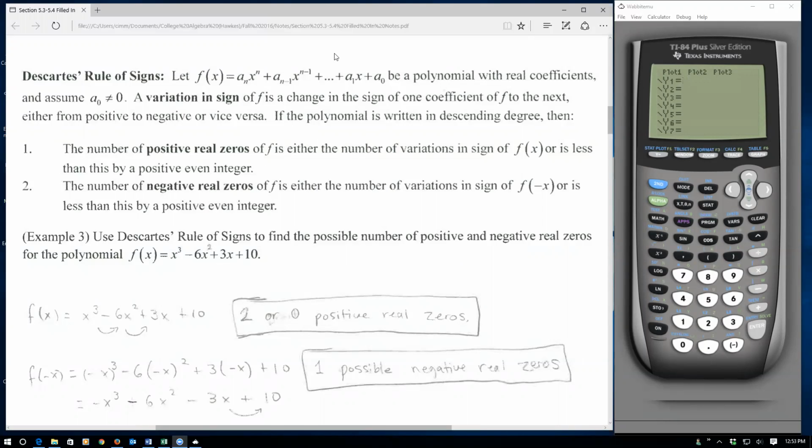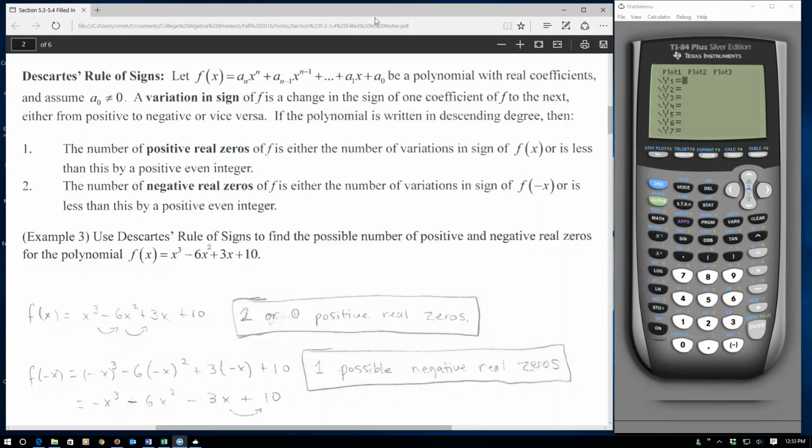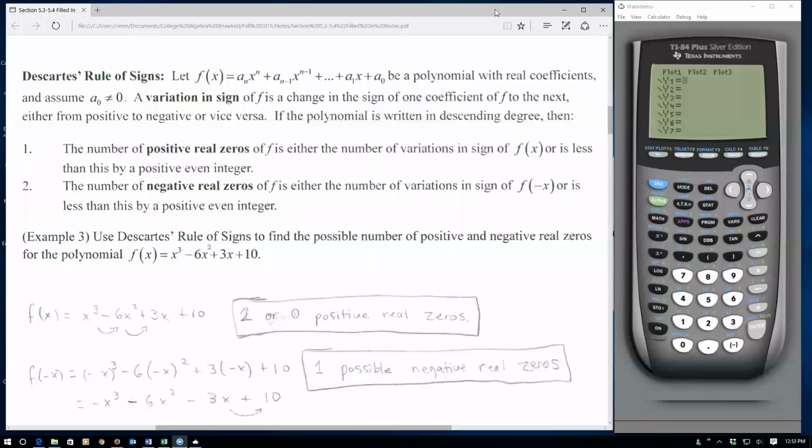Notice that if we look at just the regular function, then it has variations of sign right here. So here is where it changes from plus to minus, and right here it changes from minus to plus. Between here and here, it's still plus, so plus to plus, that's not a variation.